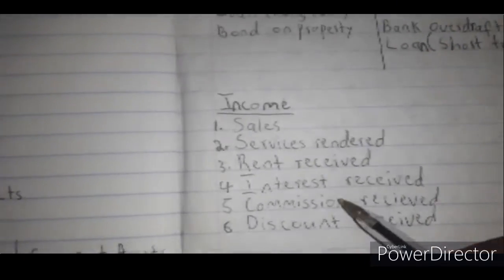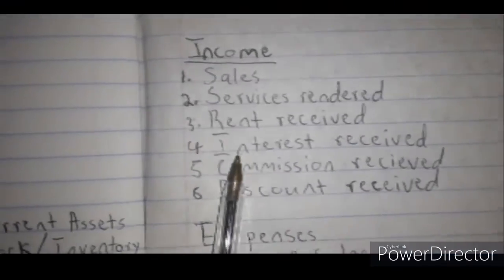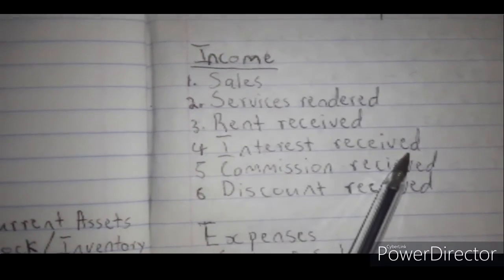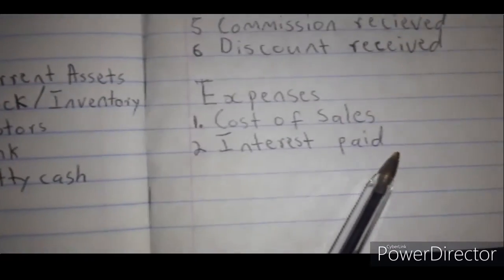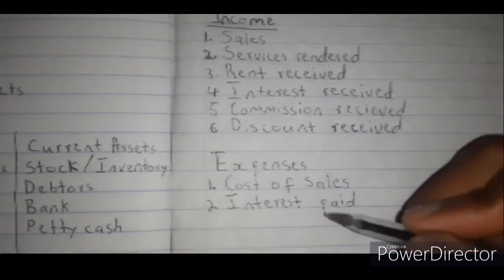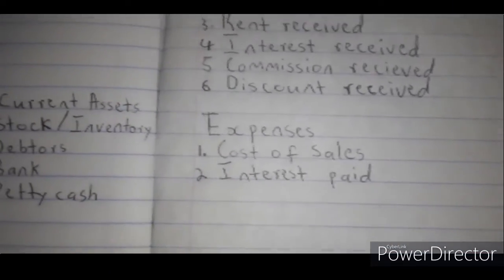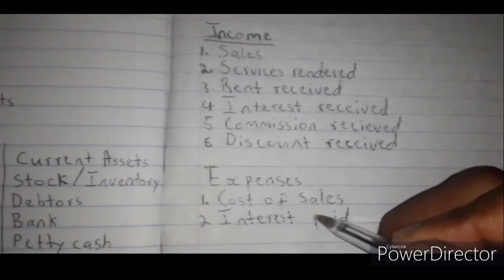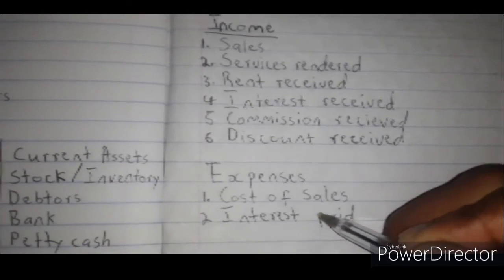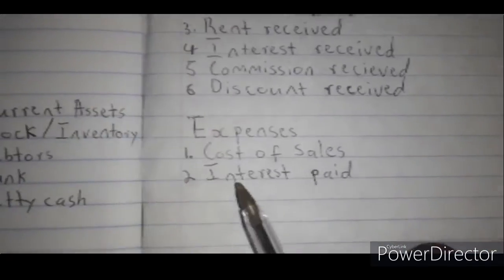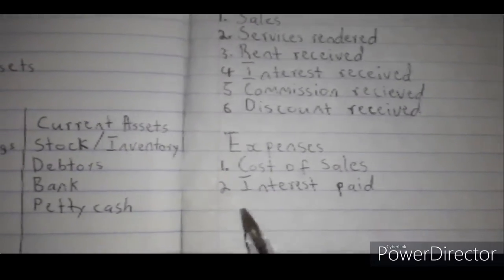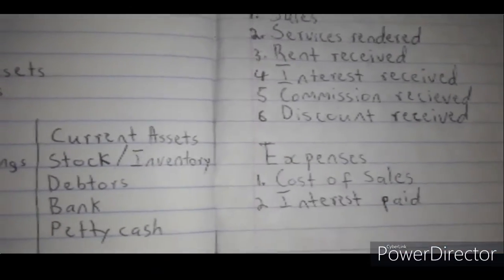We had interest received on the income. Now it is an interest paid. As I have said, an expense is money required to pay for something. So this is an interest paid.